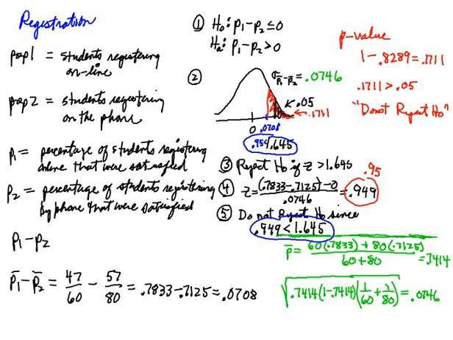The p-value is larger than the level of significance. My risk is higher of making a type 1 error if I reject the null. Again, comparing a p-value to the level of significance will conclude the same as comparing a test statistic to a critical value. They'll both agree. And in each case, I've shown that the evidence of the 0.0708 is just not strong enough based on standard error.